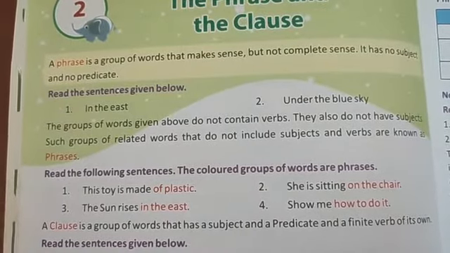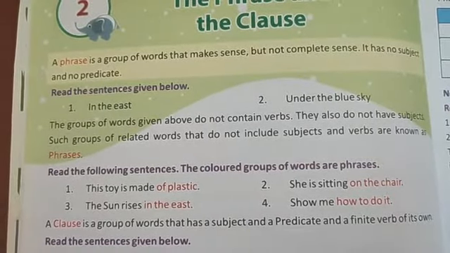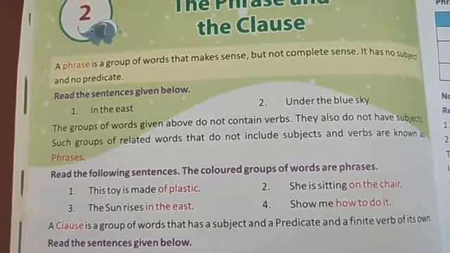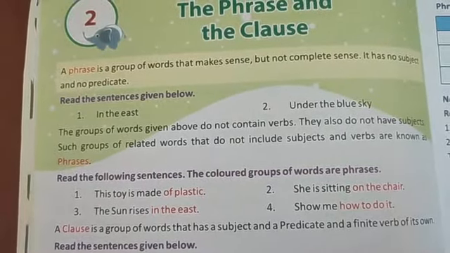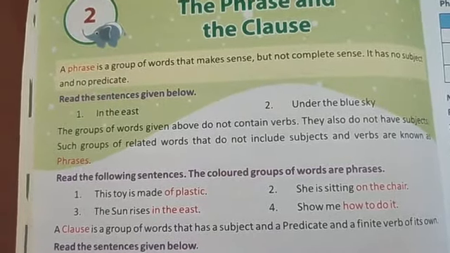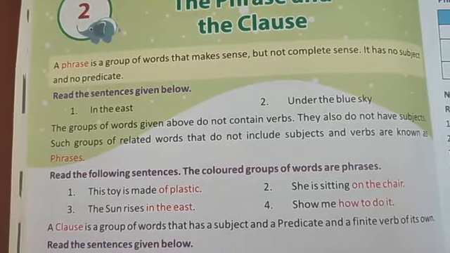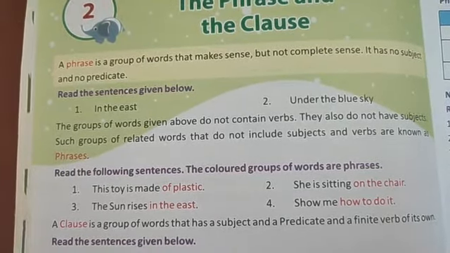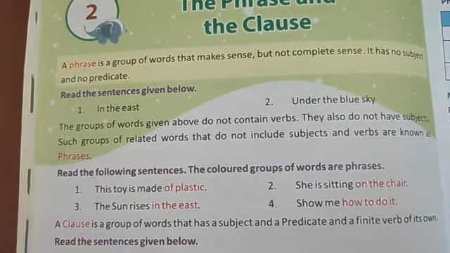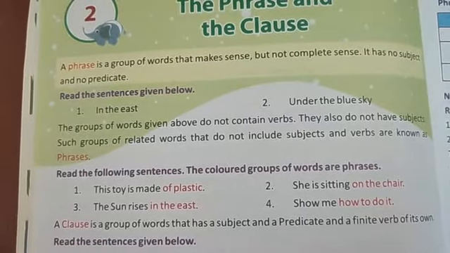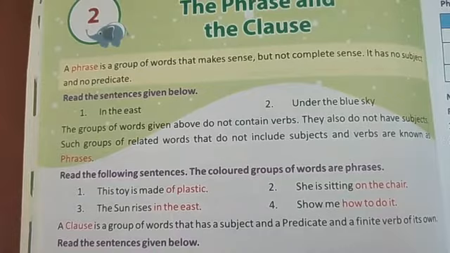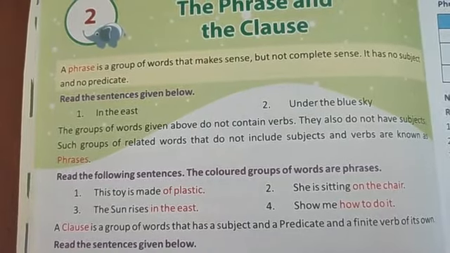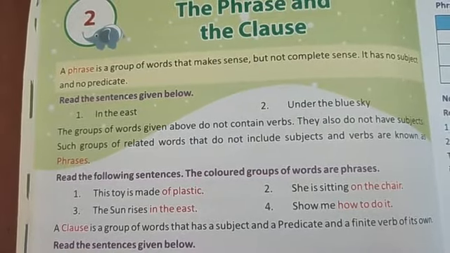They also do not have a subject, and clearly we do not have any subject in this particular group of words. Such groups of related words that do not include a subject and verb are known as phrases, which do not have a subject or a predicate of their own.